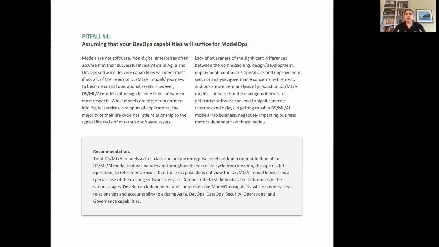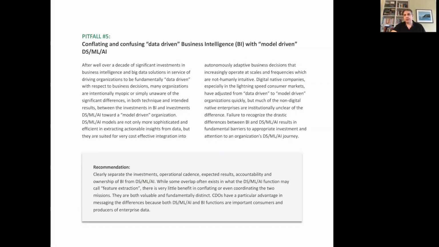So each model has a variety of different business and technical requirements, and DevOps is not really set up for the diversity of requirements, and especially the business requirements in terms of approval and governance that models have versus traditional software. But certainly, DevOps should be fully leveraged.